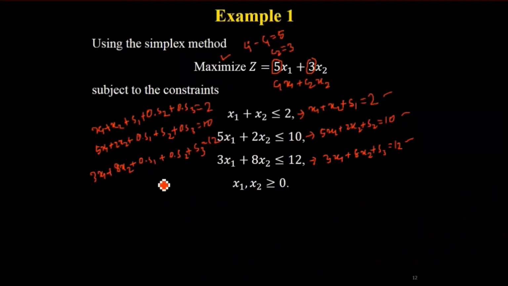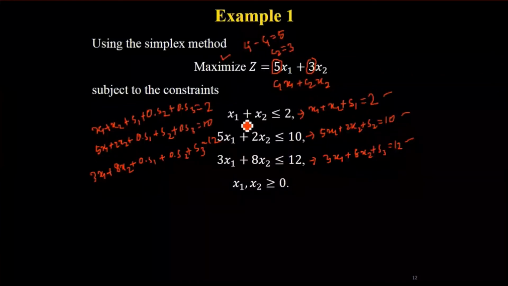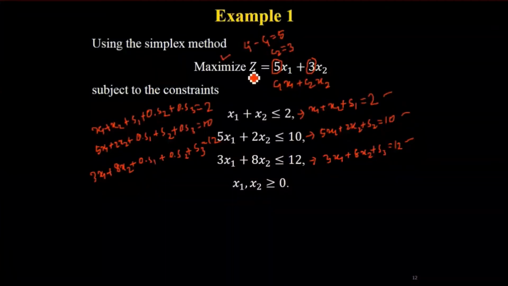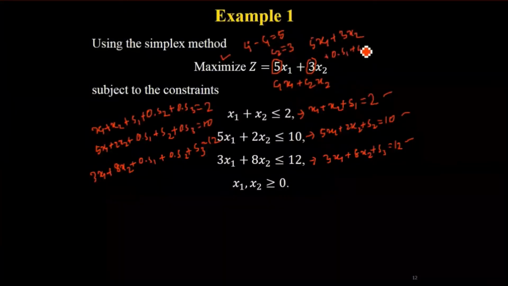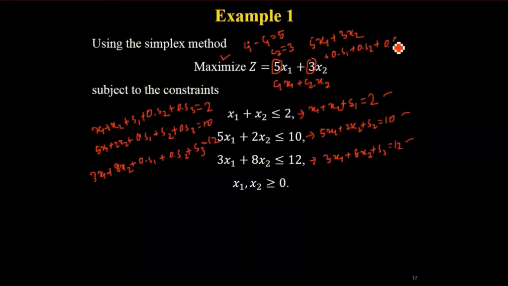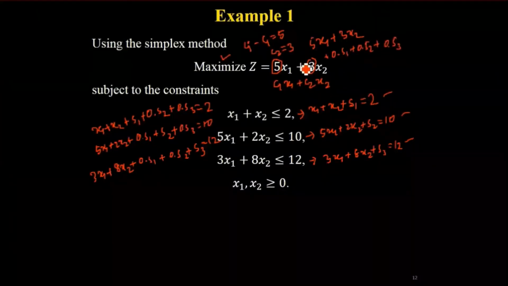So here we represented the constraints in equation form in this way, whereas the objective function, maximize z, we can write as 5x1 + 3x2 + 0 into s1 + 0 into s2 + 0 into s3. Yes, clear.